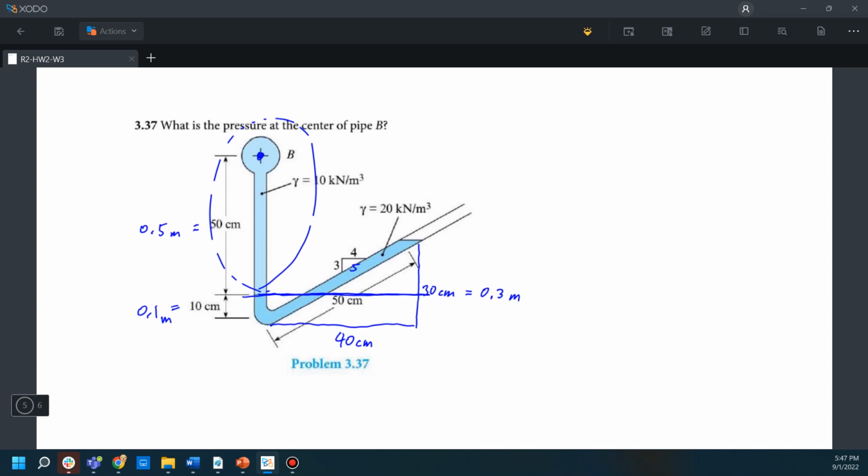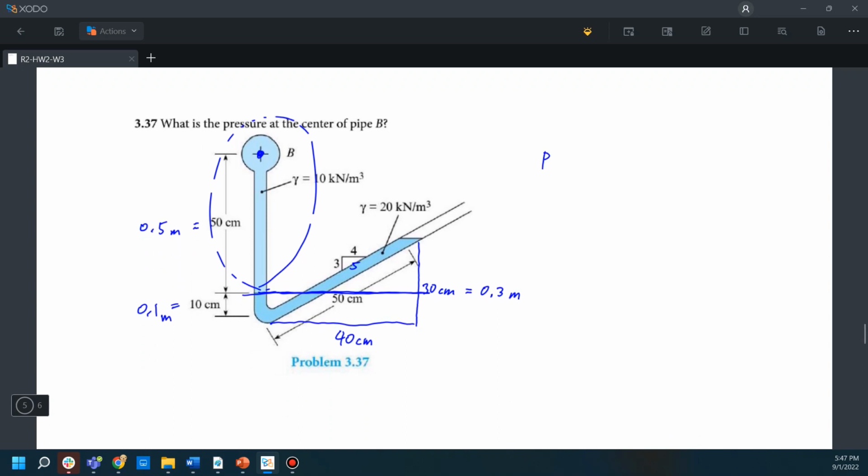Okay, so that means PB plus gamma times Z1 will equal, and because these parts are the same material, we can cancel it out.